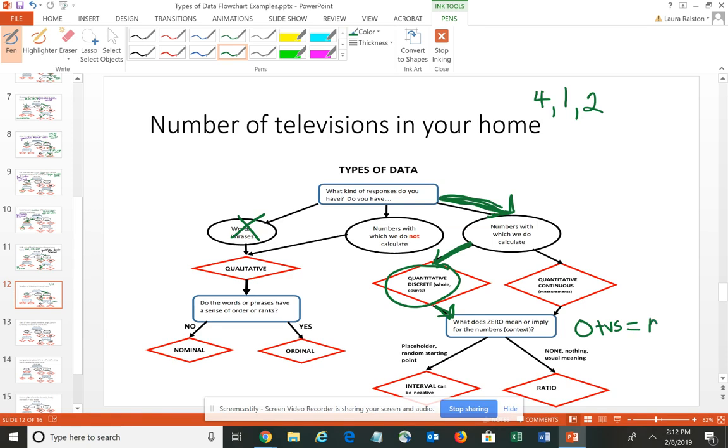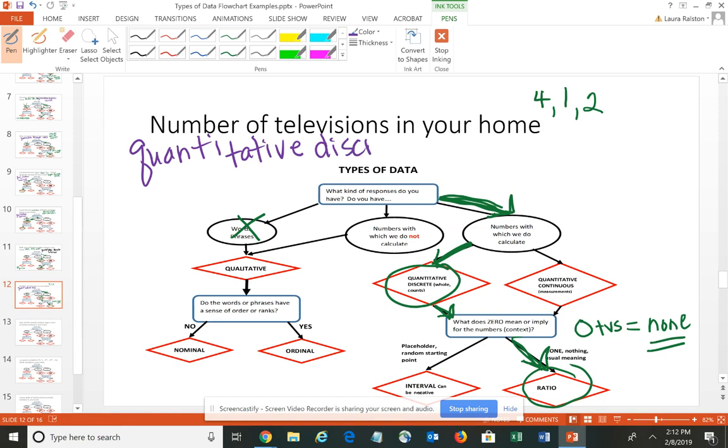If you say there are 0 TVs in your home, that means there are none, which puts us at the ratio level of measurement. So we have ultimately decided that the number of televisions is quantitative. It's a big giveaway when the description says number of, that you're going to have numbers. It's discrete, and typically if you're saying number of, it's also going to be discrete. And then it's at the ratio level of measurement.